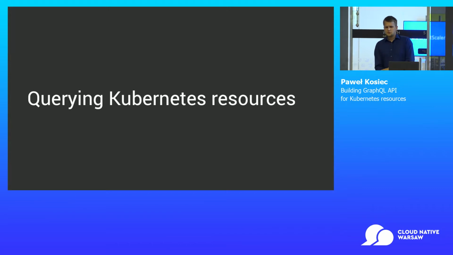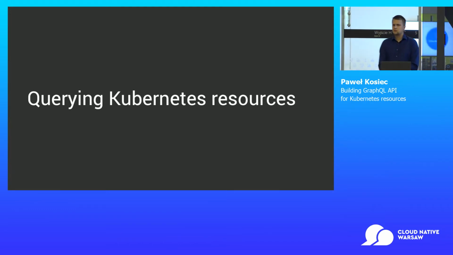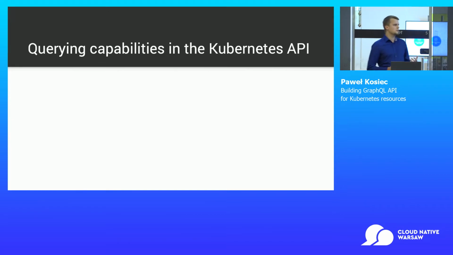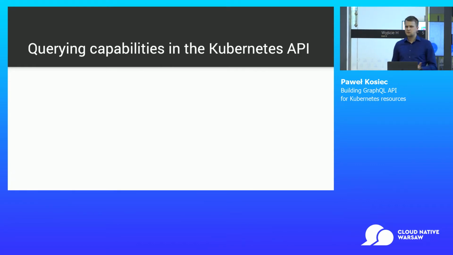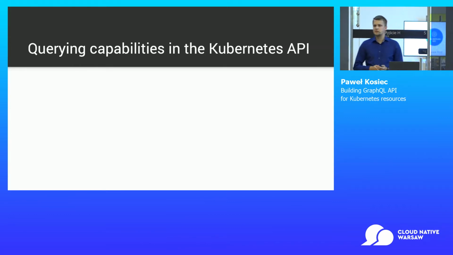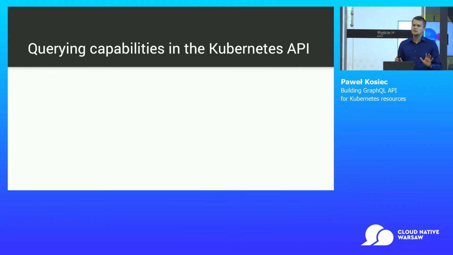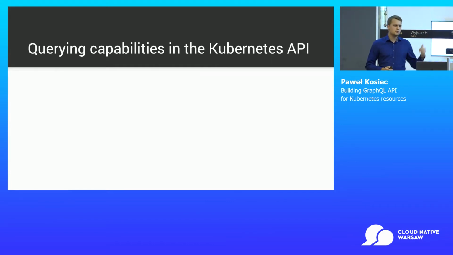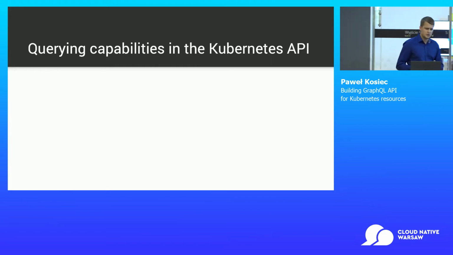So now let's move to querying Kubernetes resources. Before we move to querying our cache store, I would like to start by checking out what features are available from the Kubernetes API directly. So, for example, we need to forget about our cache, and we want to do some queries to the Kubernetes API server directly.